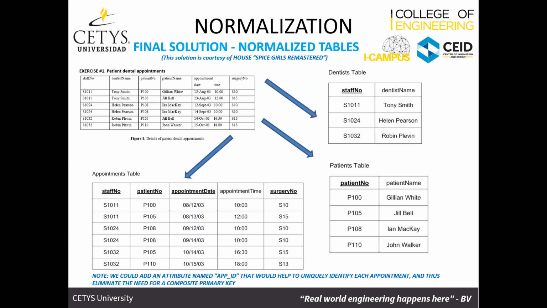Now, remember that when we have this situation, and I think a few of you asked this when you were doing the exercise, instead of having this sort of weird composite key, we could just add a column, which is an appointment identifier that would identify the specific appointment, and that identifier would be different for each appointment, so we wouldn't need the composite key. Okay, so this could be one way of separating the table.